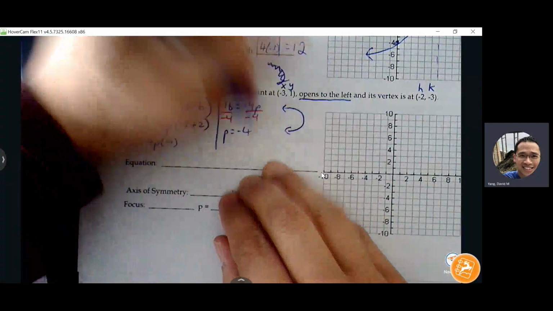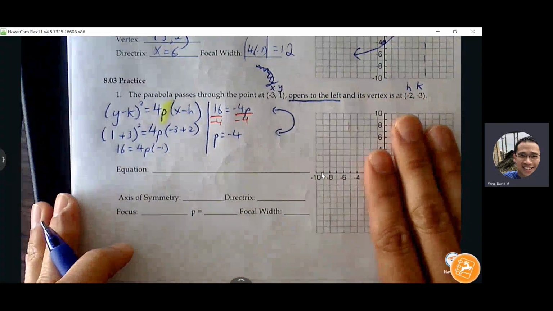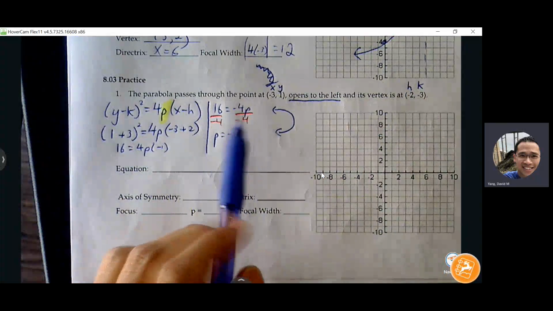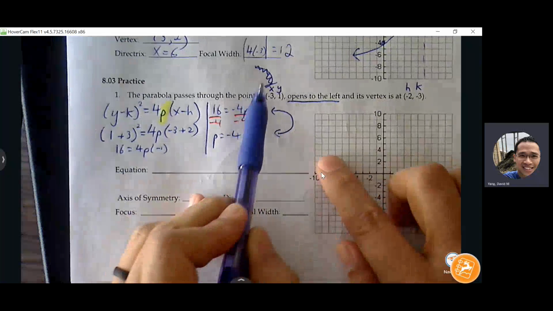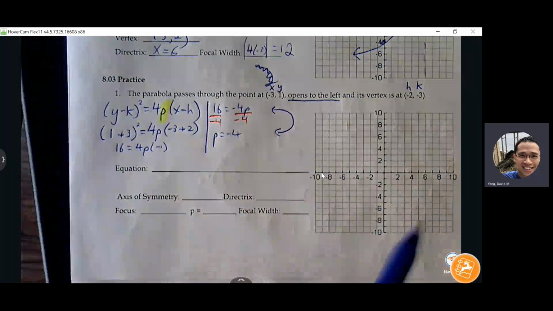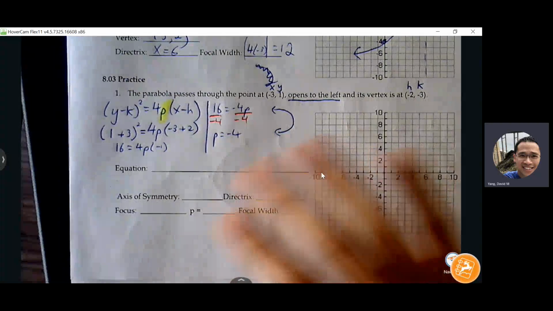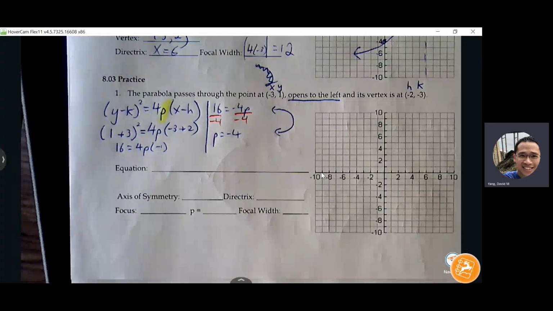Equals -4. So now we can build the equation, right? And we can get the rest of the information that we couldn't quite get to before. But now after this point, we don't care about this ordered pair. I guess we could plot the point and make sure the graph goes through it, but it's not going to matter in terms of how we find the rest of the information.